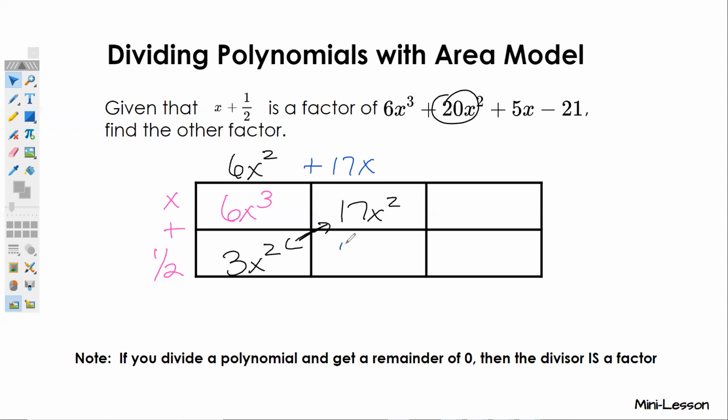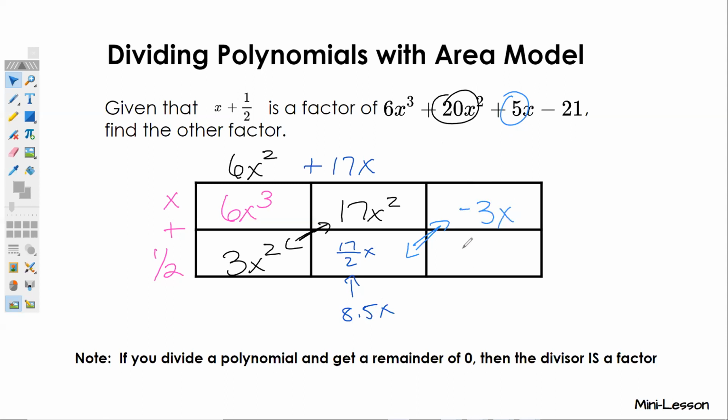If you want to write this as 8.5x, that's okay too. So now we're going to add up this to make 5. So 8.5 plus what would give me 5?